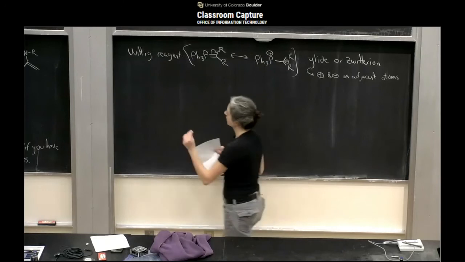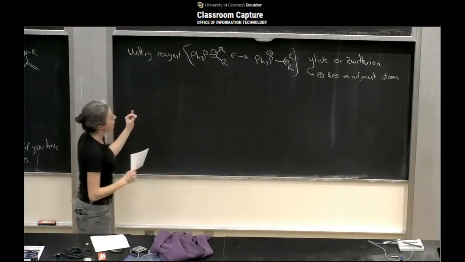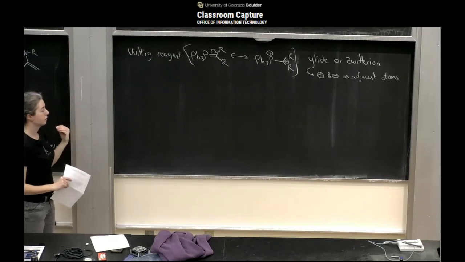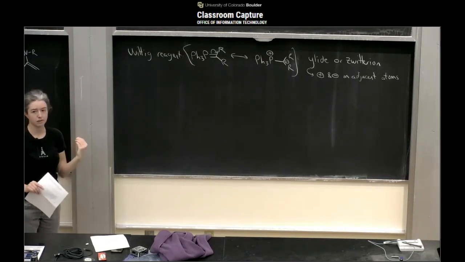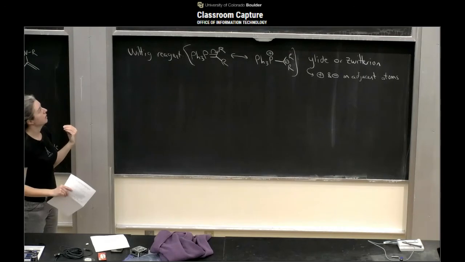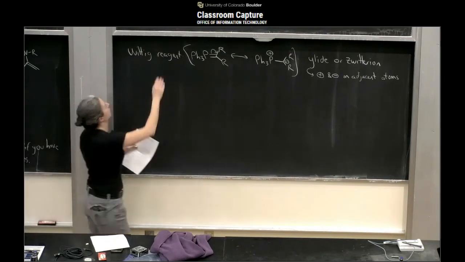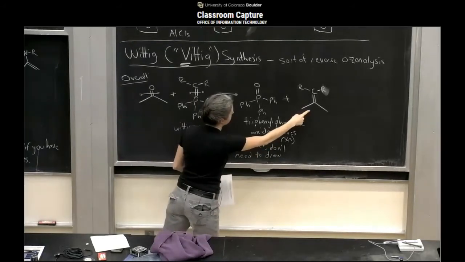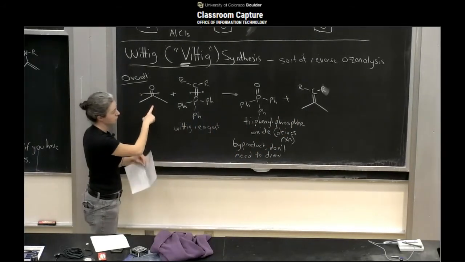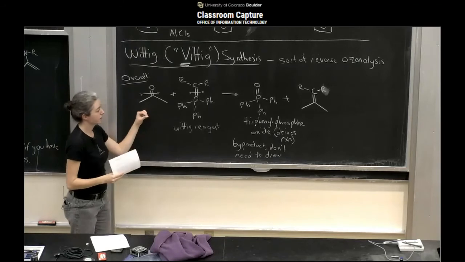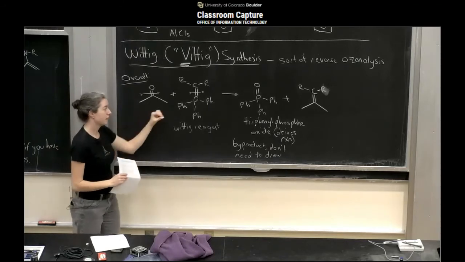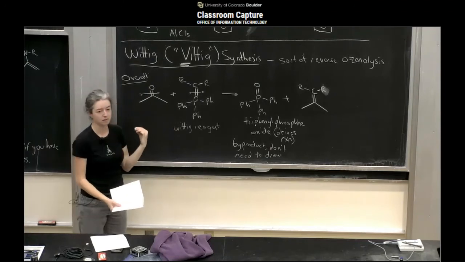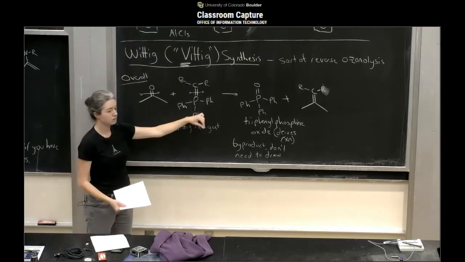So whether you actually have to make your own Wittig reagent here depends on the exact constraints of the synthesis problem that you're given. So if I say, like, I want you to make this alkene and start with this carbonyl, and I don't give you any other constraints at all, you can just show up with this whole thing all ready to go and purchased from whatever chemical company, and you don't have to make your own.